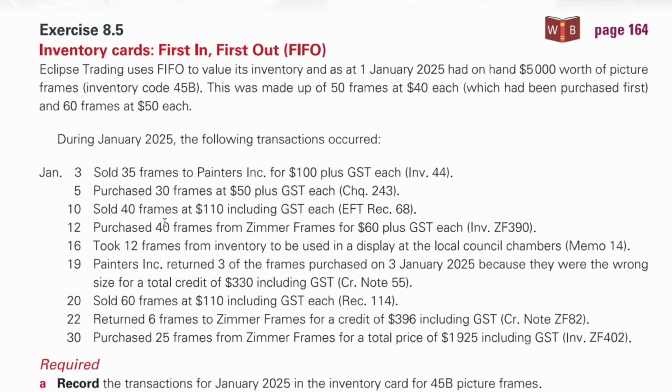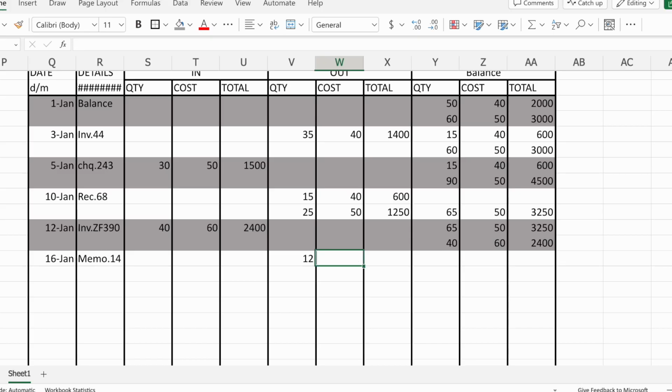Now using FIFO, the one that comes in first is the one that goes out first. In this case, there's no $40 one. The stock for the $40 one is 0. The $60 one came in last, so that goes out last. The only one remaining is the $50 one, which came in first, so it goes out first.